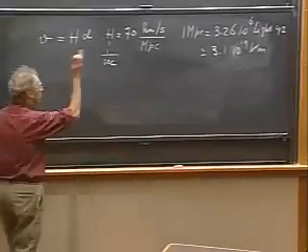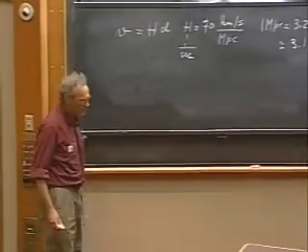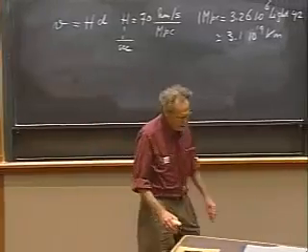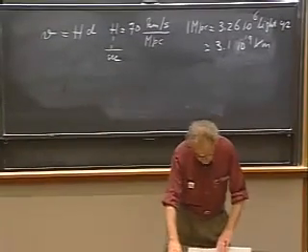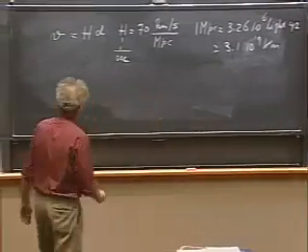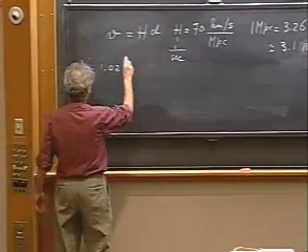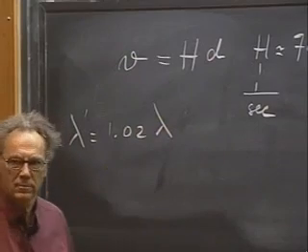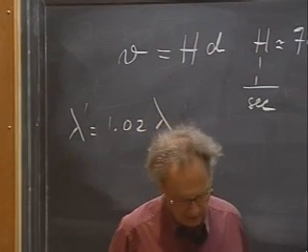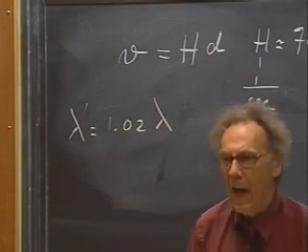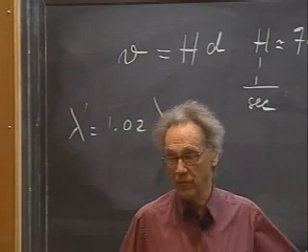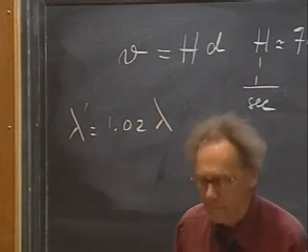Suppose you trust Hubble's law at face value as it is, and you and I look at a particular galaxy in the sky, and we measure that lambda prime is 1.02 times lambda. In other words, it's redshift, and the radial velocity is therefore 2% of the speed of light.